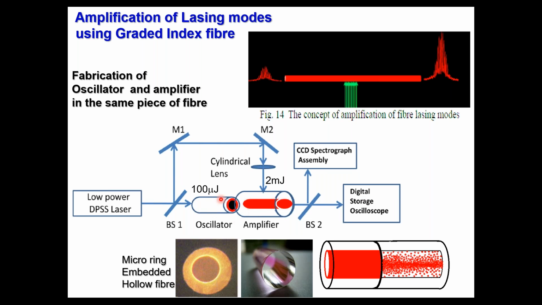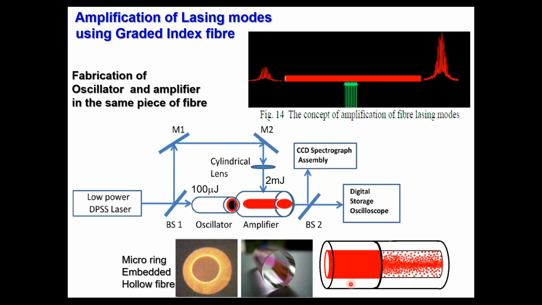But the major hurdle that we face today is to couple light, which is already very feeble, from this oscillator to the amplifier. Air coupling, or the surface coupling, from oscillator to the amplifier is very tedious, and nothing is getting coupled. So what we are currently doing is something like this.